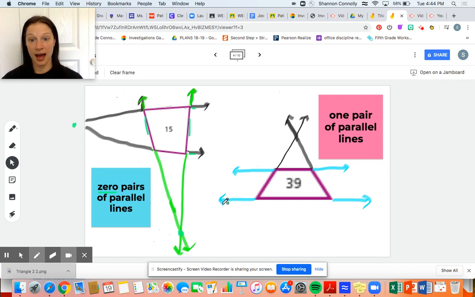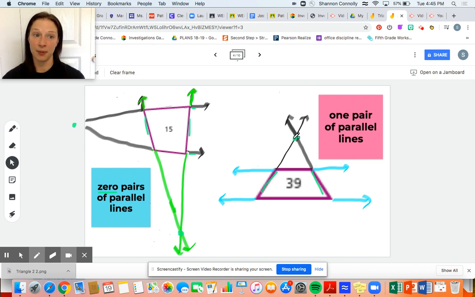But if we look at the one numbered 39, in blue here, you see if we extended the top line here and the bottom line, the lines that are opposite to each other, in both directions, that is one pair of parallel lines. And then these lines would end up meeting up here as you see.